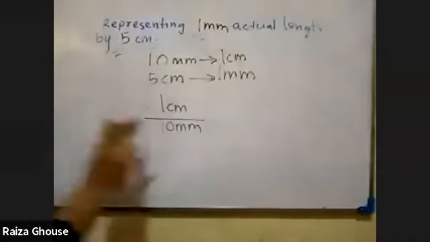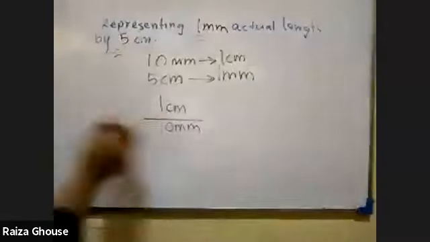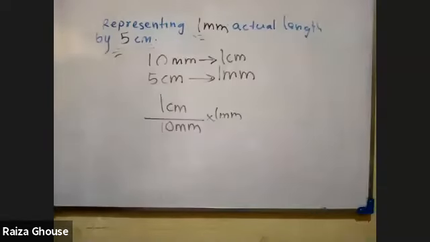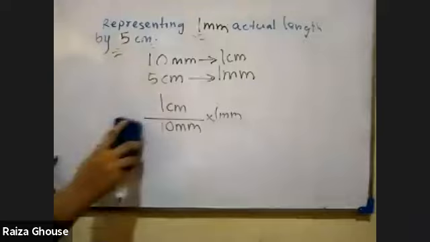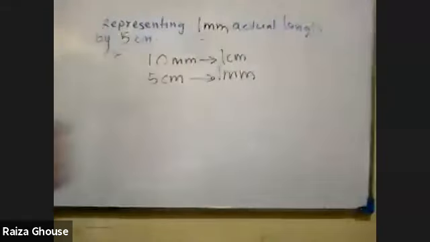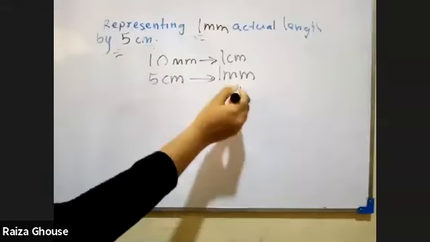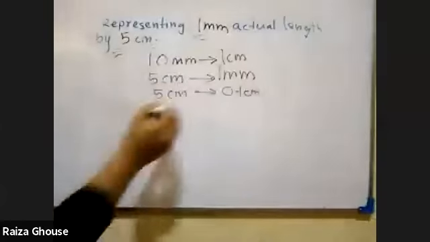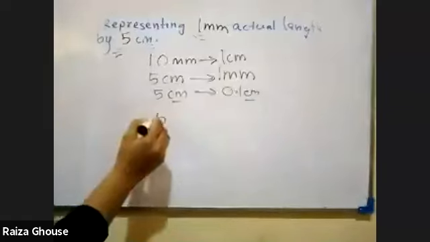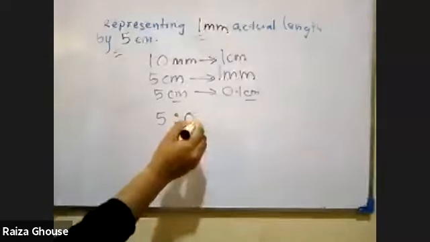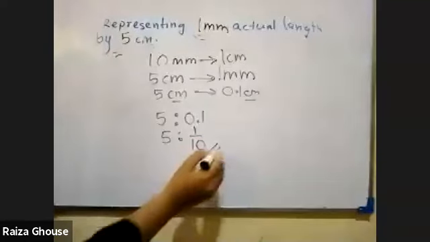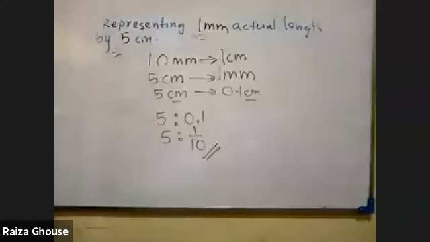Don't get confused. 10 millimeter is 1 centimeter. Then 1 millimeter is 1 divided by 10. 1 divided by 10 is 0.1. So 0.1 centimeter. Then you can do it this way: 5 centimeter. So centimeter and centimeter are same. 5 is to 0.1. That is 5 is to 1 over 10. This way.